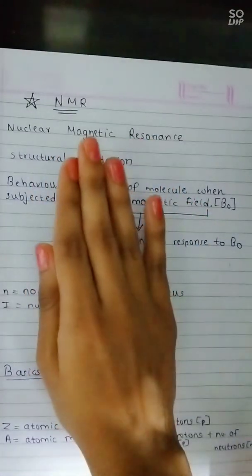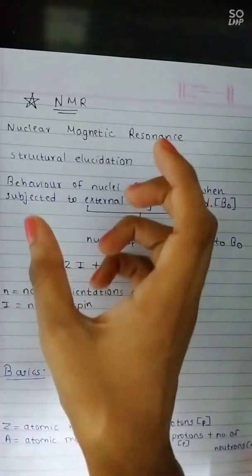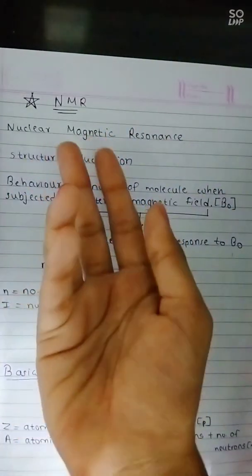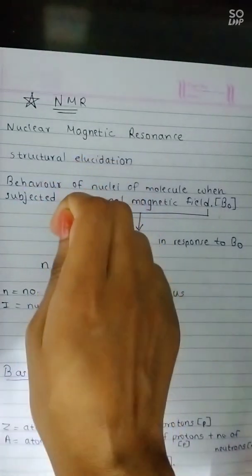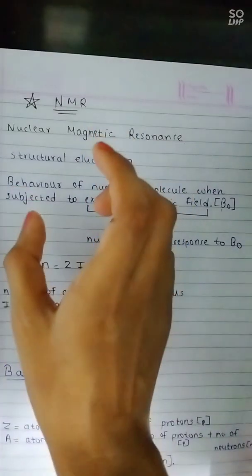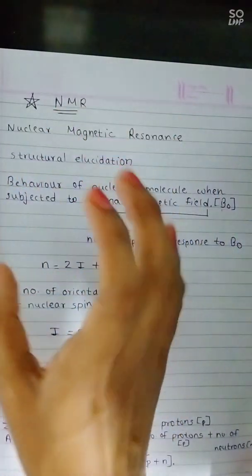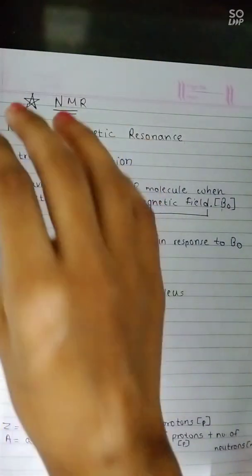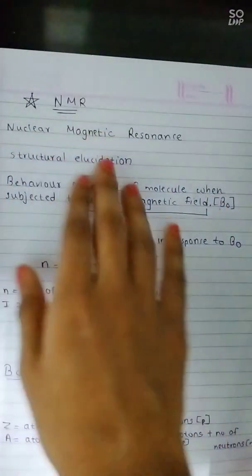This technique is used to elucidate structure. If we have been given an unknown compound and we want to elucidate what the structure of that particular compound is, then we can determine it through NMR, that is nuclear magnetic resonance.